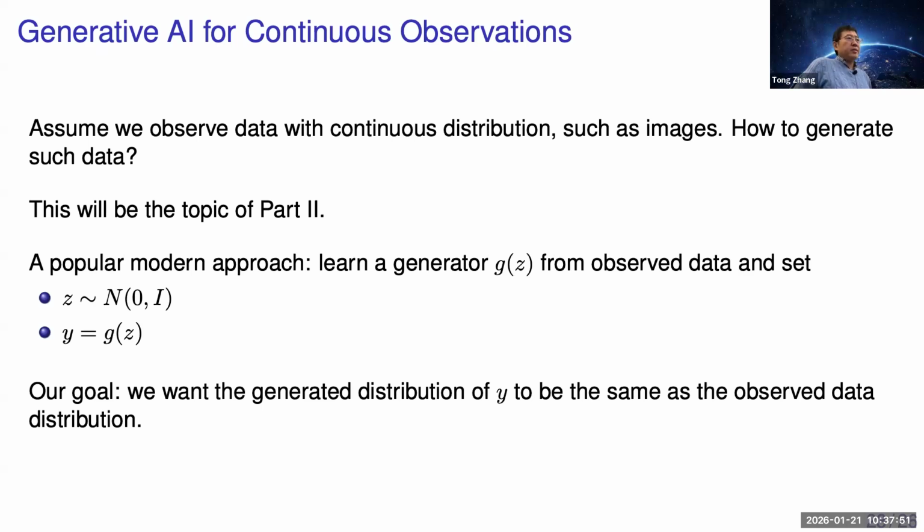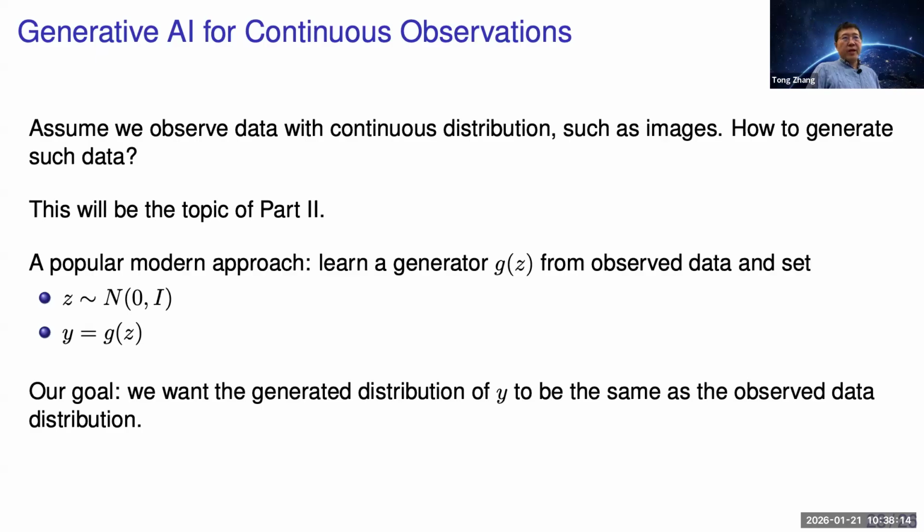So the idea is, can I map a Gaussian using a G to an arbitrary distribution? More or less, it's a yes. But how do you learn this G? It will be all these generative models from the machine learning perspective. They will tell you to do this and that, then you'll learn G.